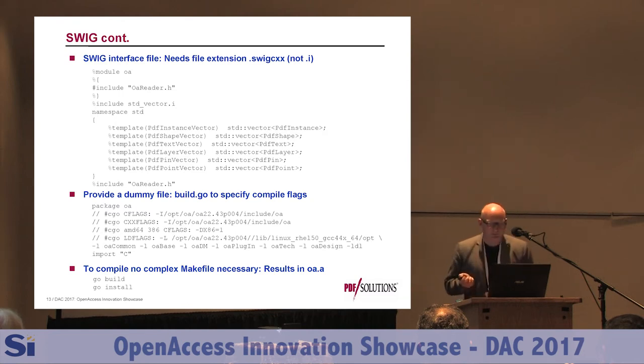Now, you typically have to write a really long makefile. I mean, literally that long. Luckily with Go, and it came a lot in the beginning with Go 1.1, I needed to write this makefile, and it was a pain. Luckily, we don't need to anymore, because Go is smart enough to write this on its own. The only thing we need to tell Go is, and so you have to build a dummy .go file, I call it build.go, where you specify with some cryptic syntax your C flags, CXX flags, and your linker flags, so where your OpenAccess installation is, and where the libraries you want to include are.